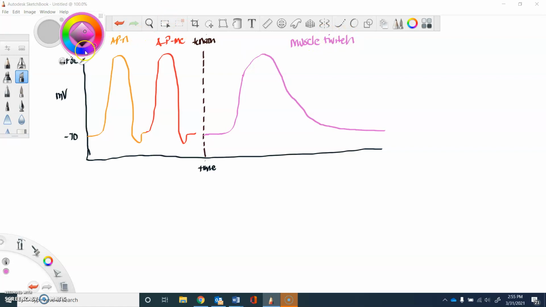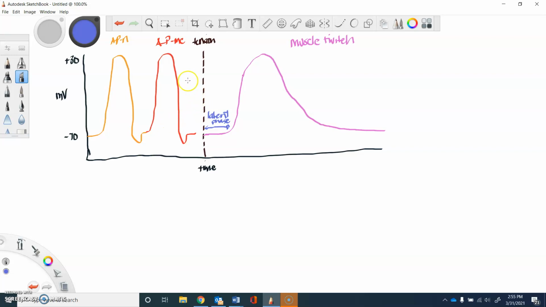The phases are this one here, from here to where it starts contracting, that is the latent phase. And what's happening during there? Well, a lot of things are happening. The action potential is getting there. We're getting the coupling of the electrical stimulus over to a mechanical thing.